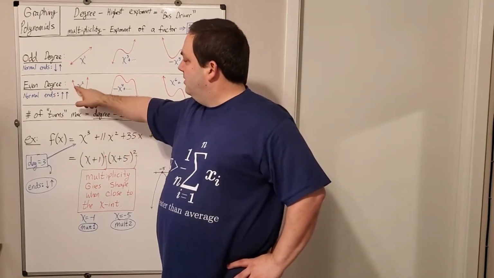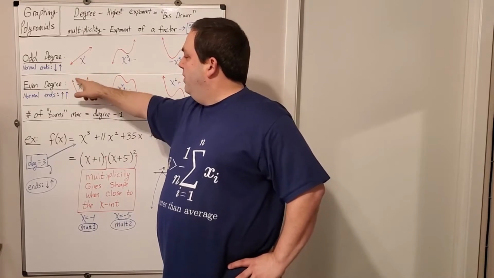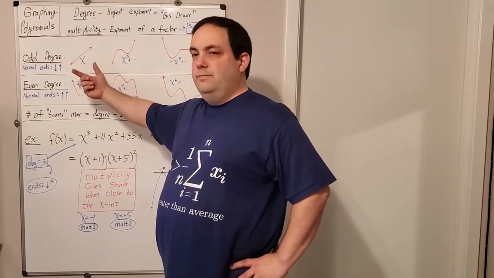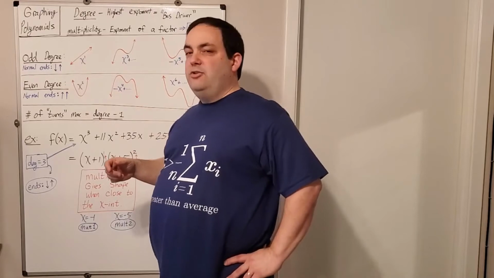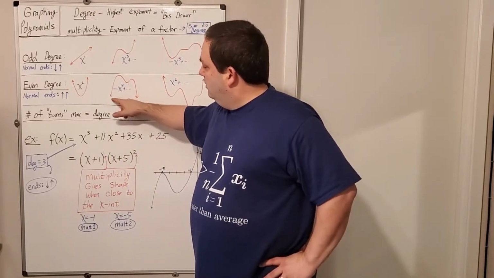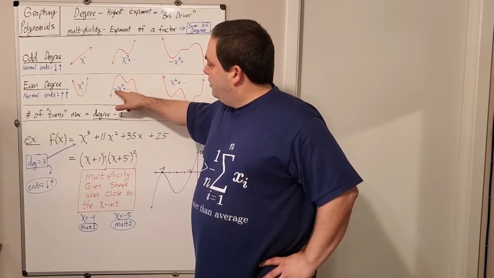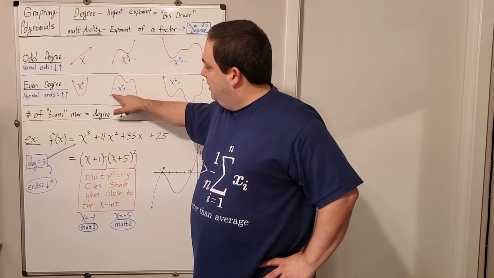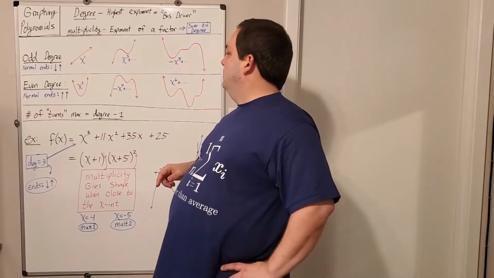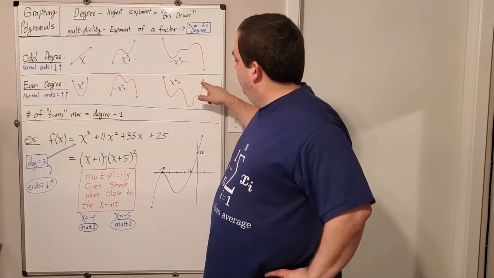So in this case, I notice I have a positive x squared, so both of my ends are up, being positive, and they match. Even degrees always match in direction. Notice here, both of them go down, and that's because it is even, they do match, but the bus driver himself is negative, so they're both going to go downward. Here, x to the 6 being positive, they both go up.